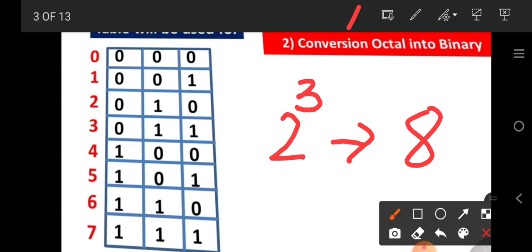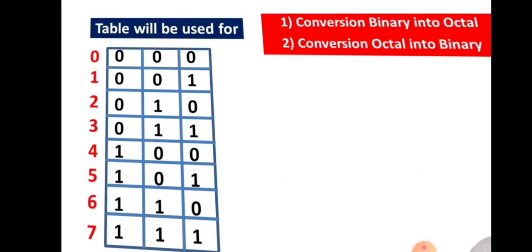So we have to cube the number 2 to make it into octal. So just remember this number 3, and remember that whenever the conversion is from binary to octal, you need a table of 3 columns. So this is the table of 3 columns.